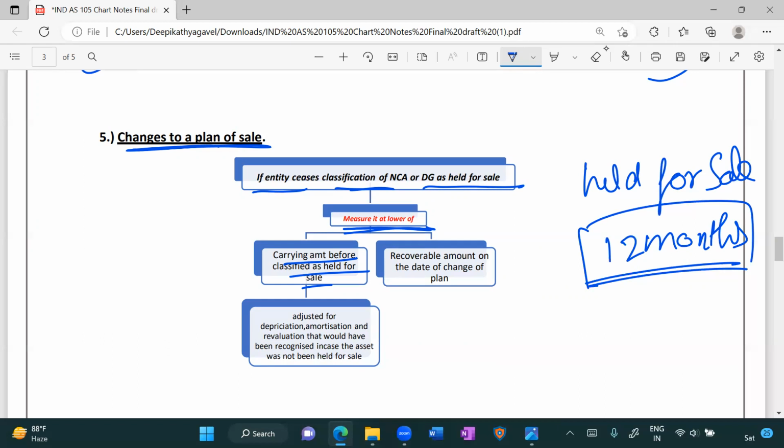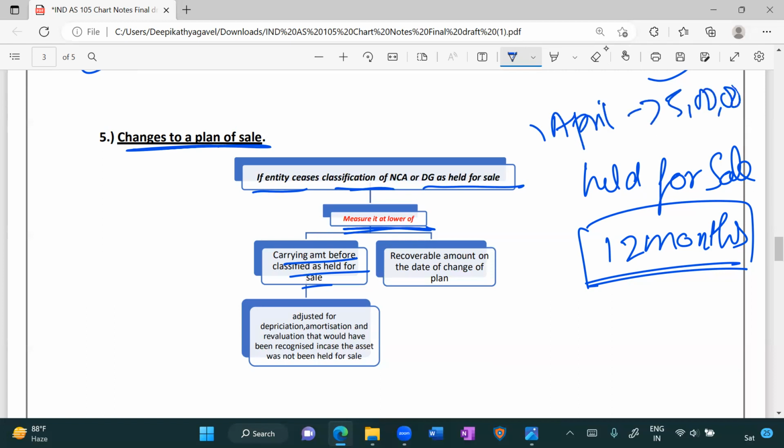In case you are going to change your plan for that asset, you do not have any other intentions of selling it anymore, so you're going to reclassify that. When you reclassify, at which value should I take it to 16? So the standard says measure it at the lower of the carrying amount before it was classified as held for sale. Before it was classified as held for sale, let's say on 1st April, the amount was 5 lakhs.